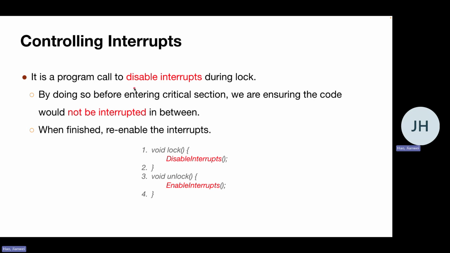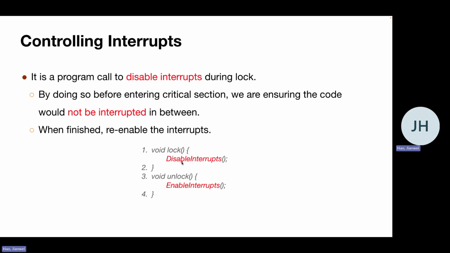So say if there's an interrupt signal here. When we do the lock function, in the first step we can disable the interrupts, which means nothing can interrupt the current thread using the locked area. By doing so, before entering the critical section, we can ensure the code will not be interrupted.